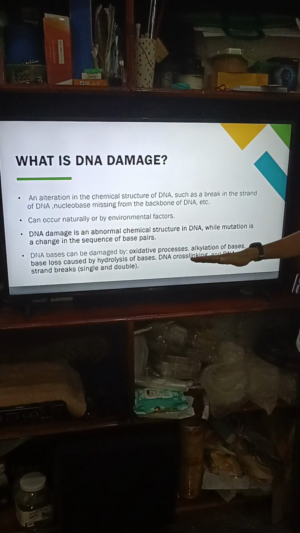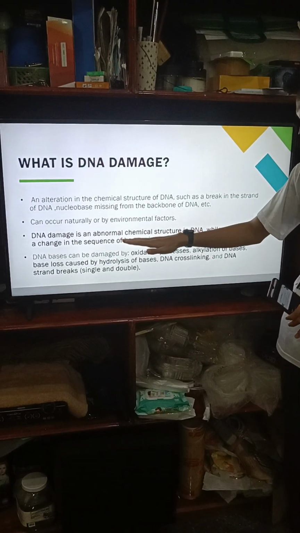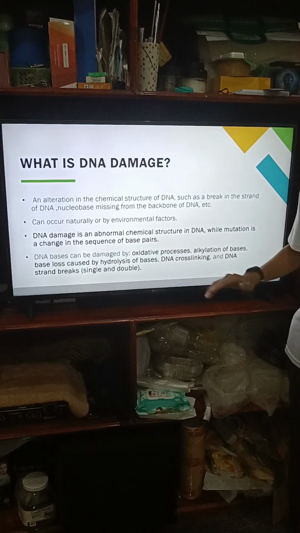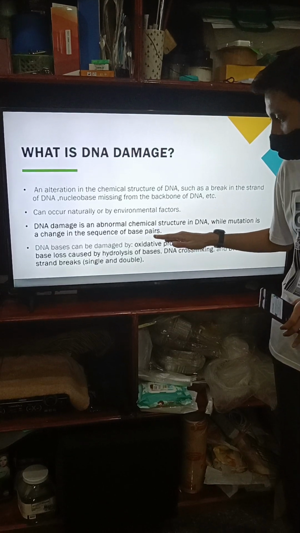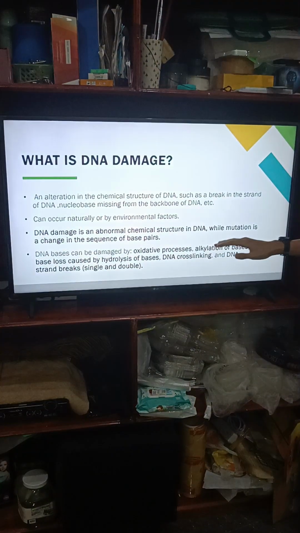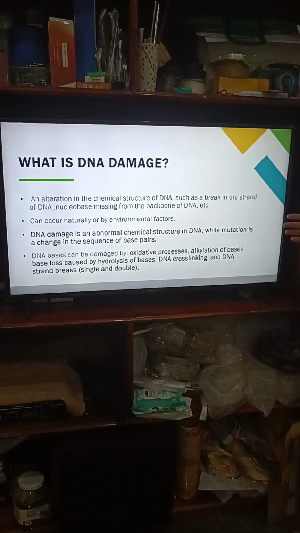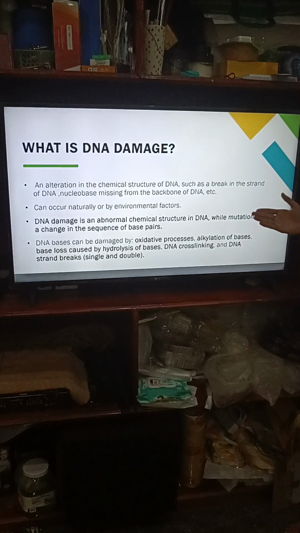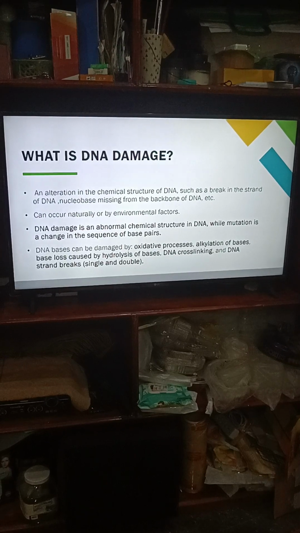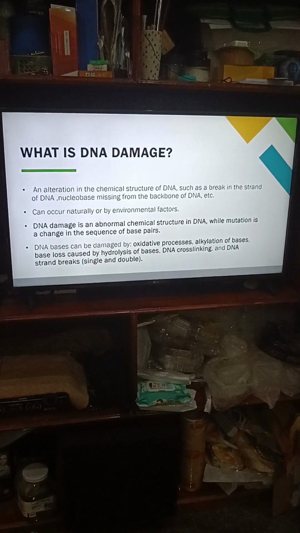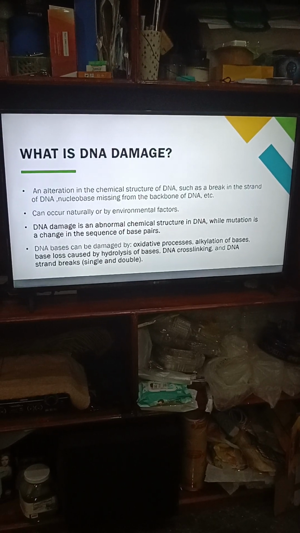DNA damage focuses on chemical structure in DNA, while mutation focuses on the sequences of the base pairs of DNA. The bases can be damaged by oxidative processes, alkylation of bases, base loss caused by hydrolysis of bases, DNA cross-linking, and DNA strand breaks, single and double.